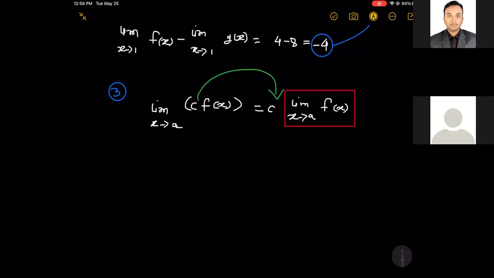You don't need to have that while you're calculating the limit. You can keep it outside, find the limit of the function, and then multiply and find the product. You'll still get the same result. Okay, let's see one example of it.